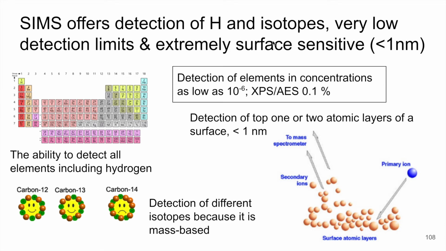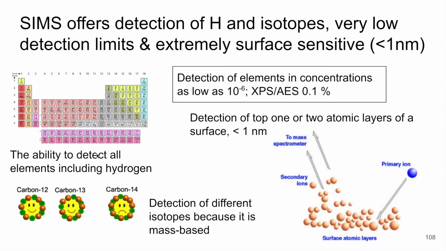We talked about some of the techniques like SEM, EDS, for example, and then also XPS, AES. Those don't work for hydrogen. Hydrogen's our lightest element, and it's very difficult to detect. But SIMS is one of the few techniques that we can actually use to detect hydrogen. So basically, we have the ability to detect all elements, which is powerful.